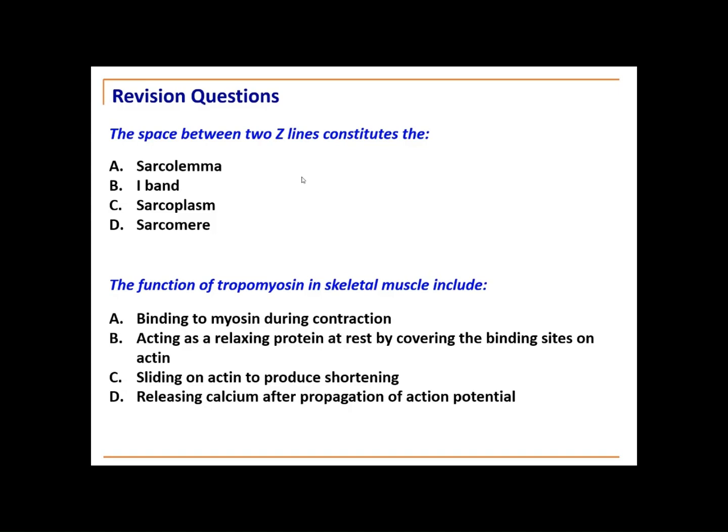Number 2, the function of tropomyosin in skeletal muscle include. Hopefully you've said it's B, acting as a relaxing protein at rest by covering the binding sites on actin, such that actin can't bind to myosin.